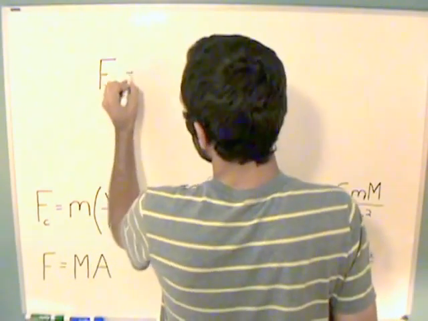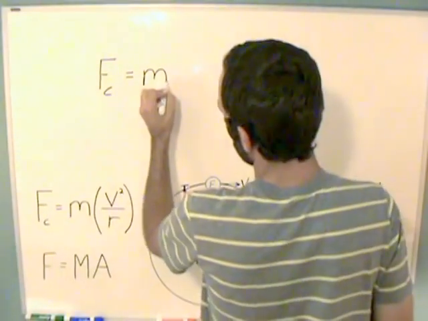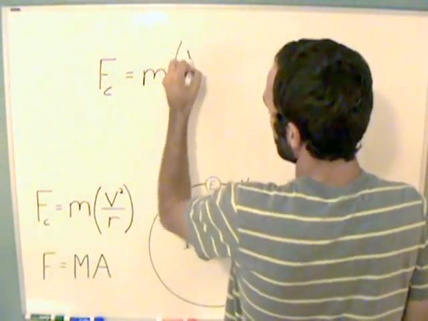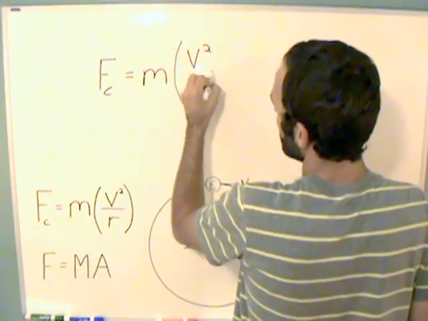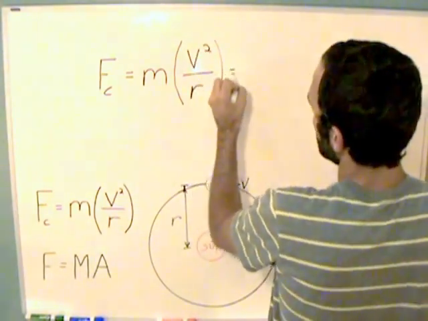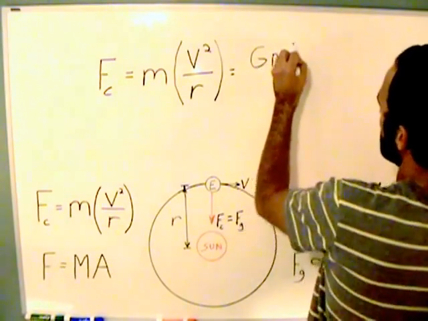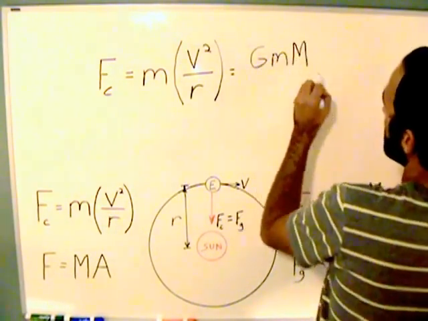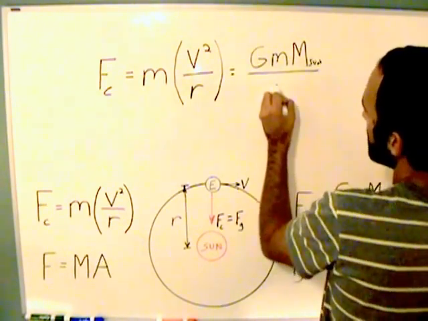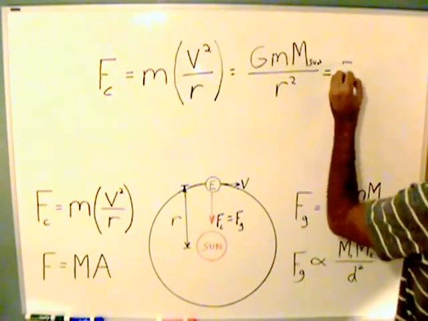Fc is equal to the mass of the object orbiting the sun, which we still have as the Earth here, or Jupiter, or Mars, or whatever you want it to be, times the velocity of that planet or wandering star, divided by the distance from the sun, r, is equal to the gravitational constant times the little m, which is the mass of Jupiter or Mars or Earth or whatever, times big M, which is the mass of the sun, divided by the distance that object is from the sun squared, and that's equal to the force of gravity.